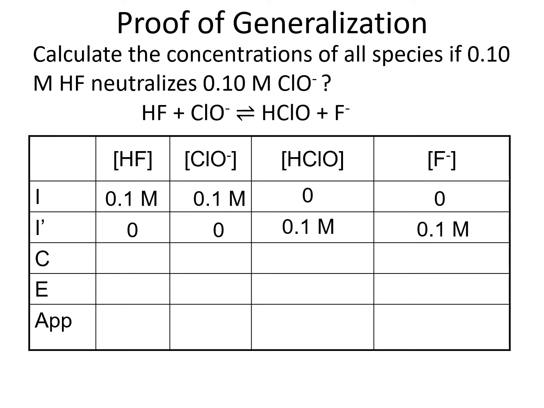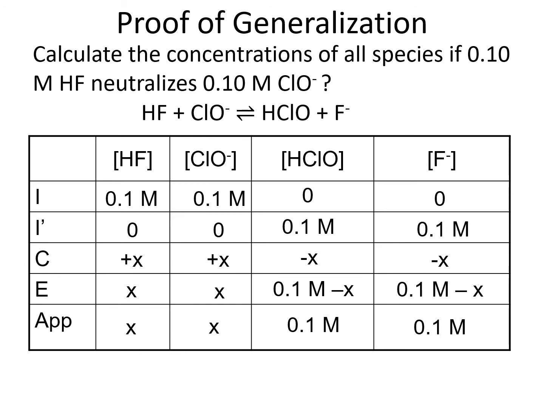If I have my concentrations of products now, I know that my change is going to be going towards the left, so I'll be increasing my species on the reactant side and decreasing my species on the product side. And if I use my approximation based off of my Kc value, 10 to the fourth, I will have an estimate of 0.1 molar for both products.